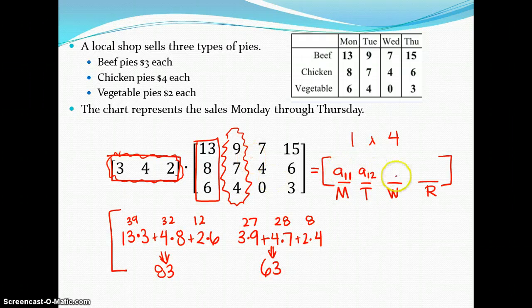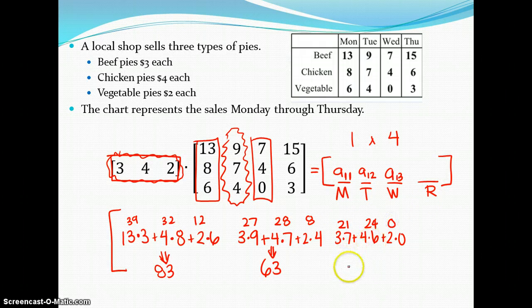On Wednesday, that's row 1, column 3. So we use the third column here: 3 times 7, 4 times 6, and 2 times 0. Didn't sell any vegetable pies that day. 21, 24, and 0, so that would be 45. And then on Thursday, row 1, column 4: 3 times 15, plus 4 times 6, plus 2 times 3.